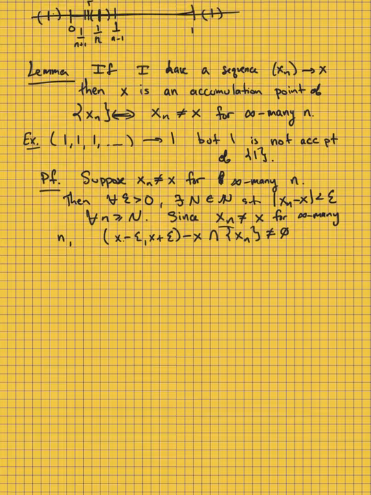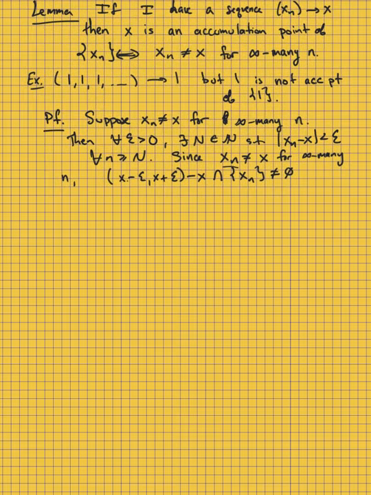Okay, so let me just quickly restate the Bolzano-Weierstrass theorem, and then we'll get to our other main definition of open and closed sets. One other way that you see the Bolzano-Weierstrass theorem stated is that an infinite bounded set has an accumulation point.